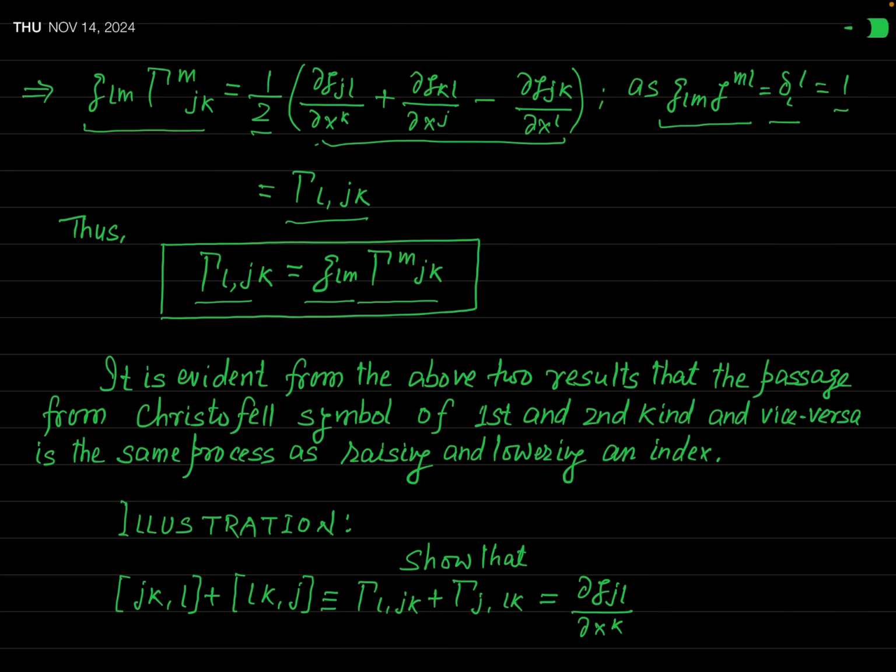So now observing these two results, you can see that when you pass from one Christoffel symbol to another, that is, when you pass from the first kind of Christoffel symbol to the second kind, or the second kind to the first kind, then the process is just like raising and lowering of an index.